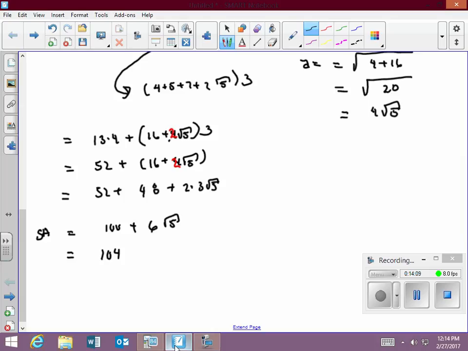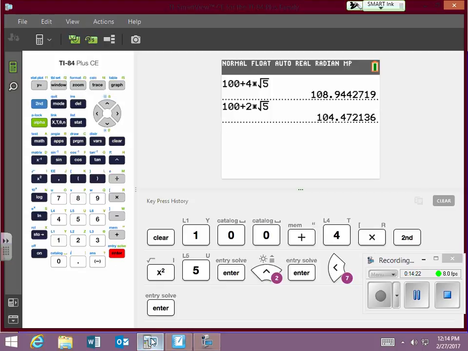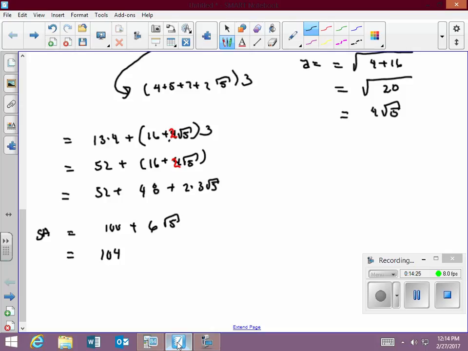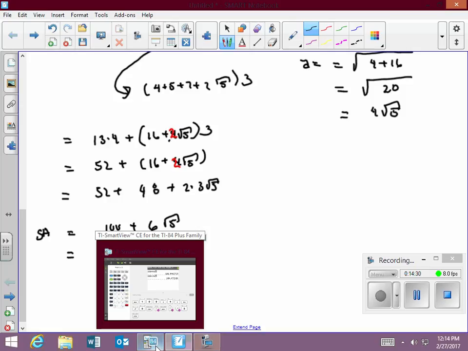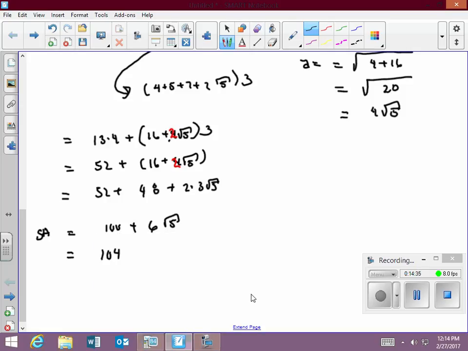It's right in there somewhere. 472. It's right there. The square root of 5 is around 2 and change, right? So 6 times that. What's that? Isn't the square root of 5 around 2 and change? Yeah, something. 6 times that.